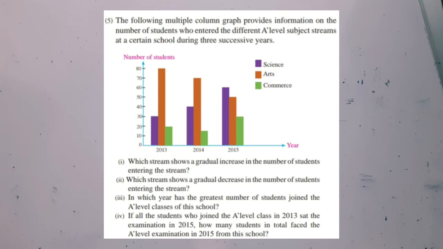So please, children, take some time to go through the chart first. Then only you will be able to understand the chart and answer the questions below. In the vertical axis you can see the number of students, and in the horizontal axis you can see the years. So 2013, 2014 and 2015 have been given.